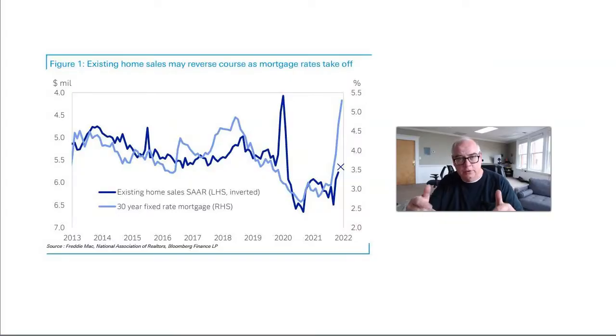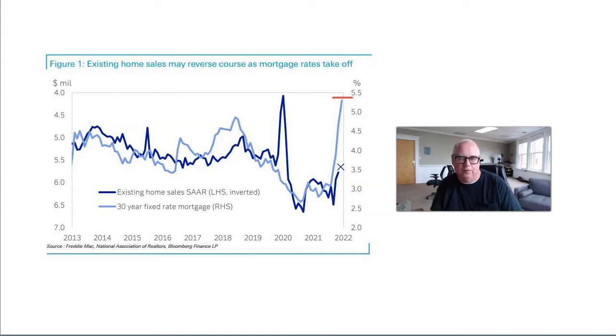All right, in order to do this, we're actually going to use somebody else's chart, which is a really good chart. I believe it's from Deutsche Bank, Jim Reed at Deutsche Bank, and it consists of data from Freddie Mac, the National Association of Realtors, and Bloomberg Finance. In the light blue is the 30-year fixed interest rate, which, as you can see here, is now at just under 5.5%.